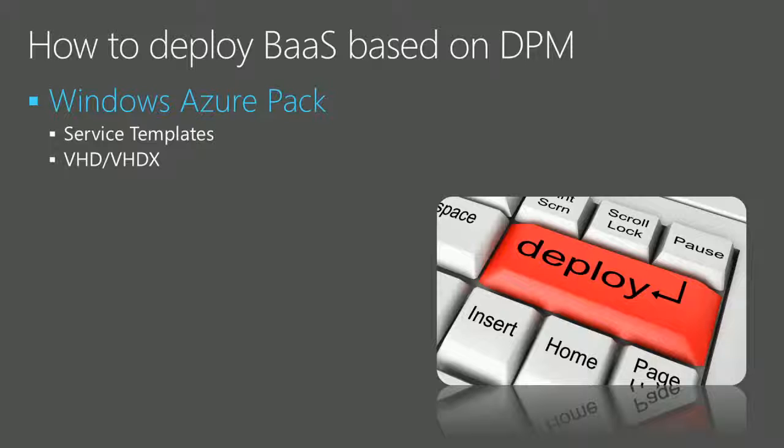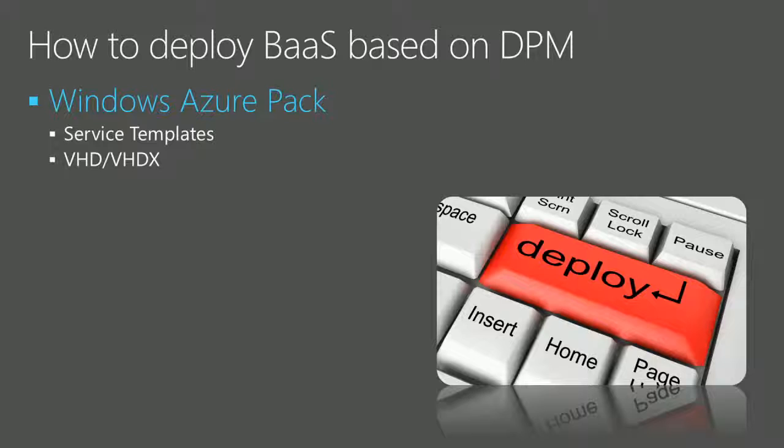Yes or no? Okay, cool. So building service templates in VMM is a great way of doing this. Since every DPM server is an instance to the actual BaaS, meaning when you need more resources, go to VMM and deploy a new DPM server. There you go. Now you've got more resources in your DPM for your BaaS.